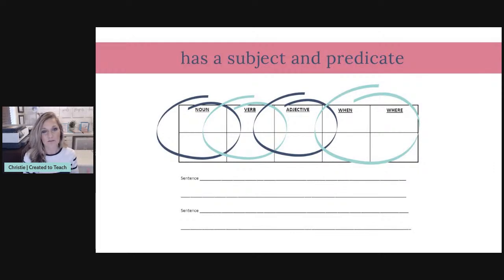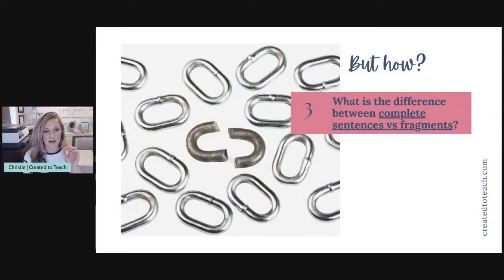So backing up to this visual here, we have these broken links. A complete sentence is a complete link, and the fragment has your subject and your predicate, but it's broken up. It's not together. Okay, so that's what we want to make sure of. All of these things are taught prior to expecting our students to come up with these great grand super sentences.